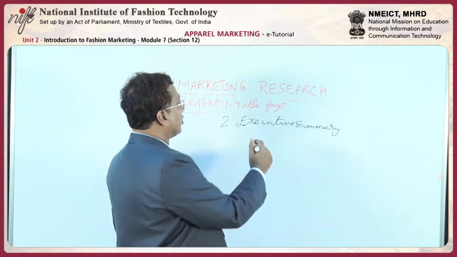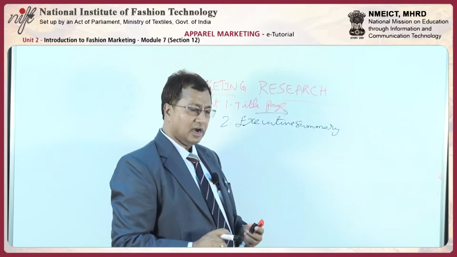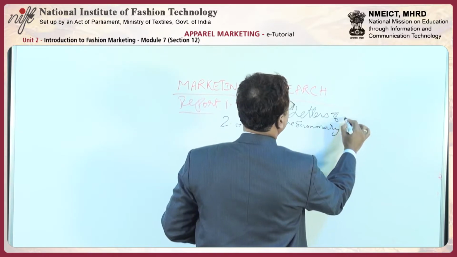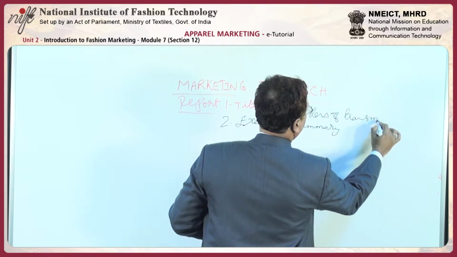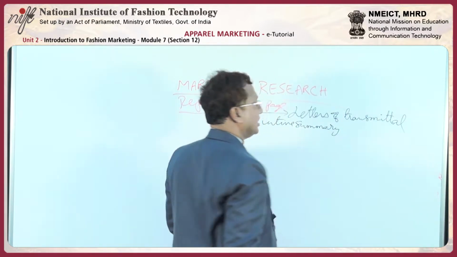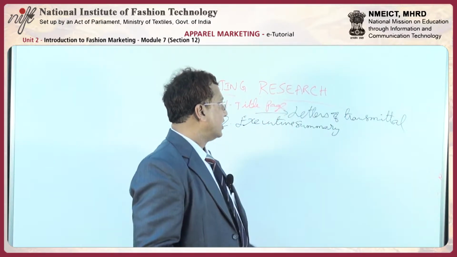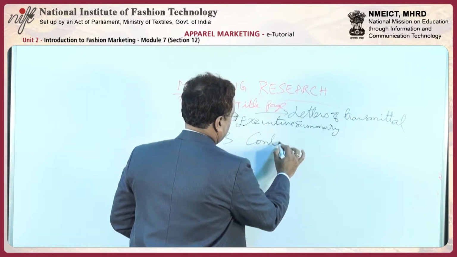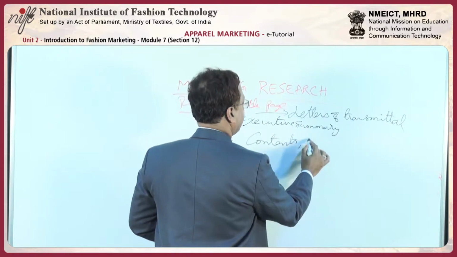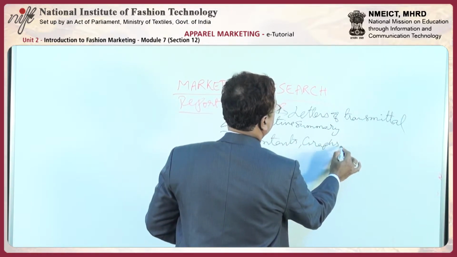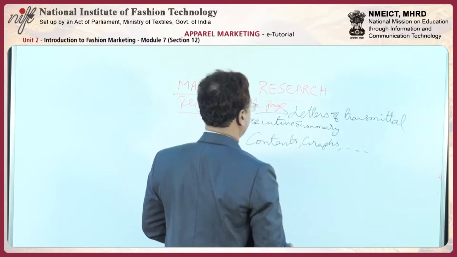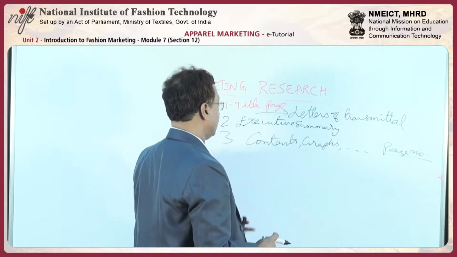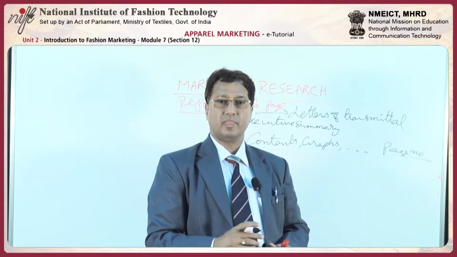If the researcher has got permission and he wants to show authentication, there are letters of transmittal also, given by some project, whatever the correspondence you can submit here. Then the contents, if there are graphs, pictures, illustrations, along with the page numbers, has to be there in the contents page.